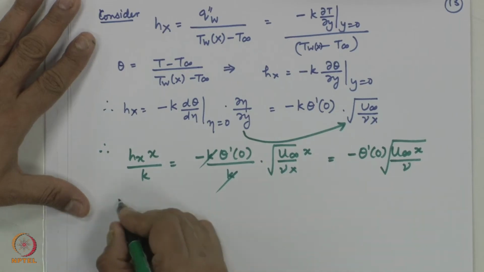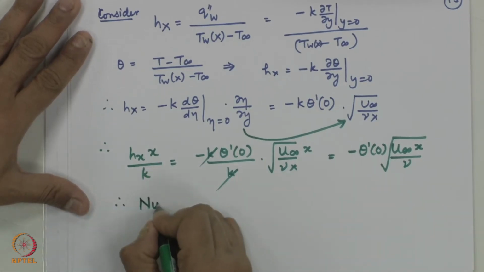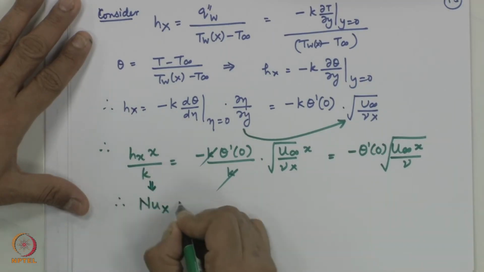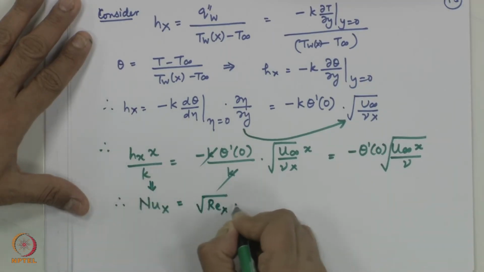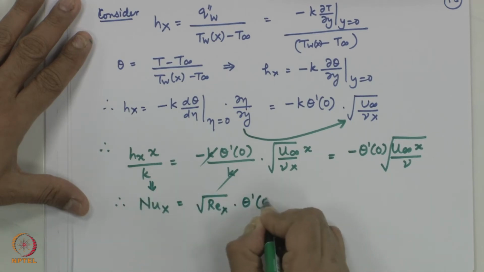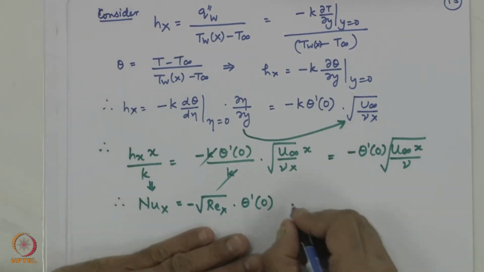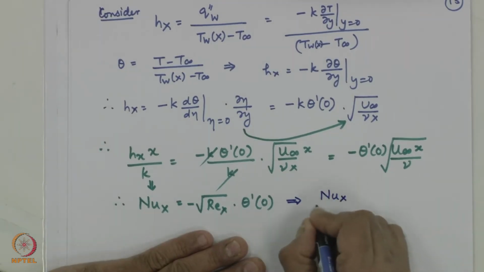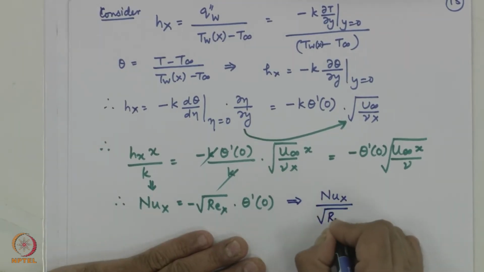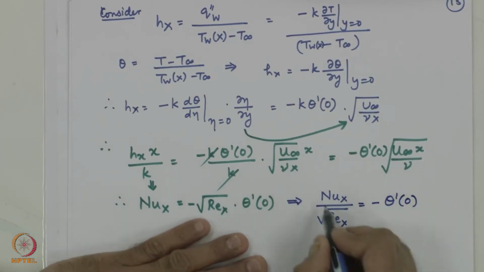Reynolds number. Therefore, hx x by k, the local Nusselt number, is equal to under root local Reynolds number times theta prime of 0. There is a minus sign, which means if I regroup this, Nux divided by root of rex is equal to minus theta prime of 0.